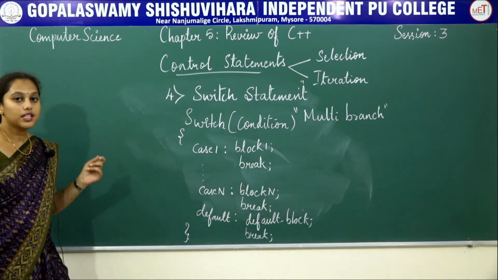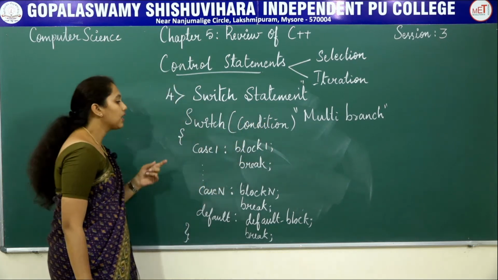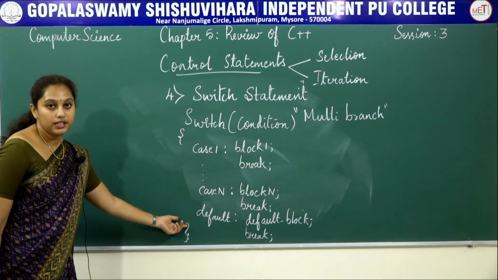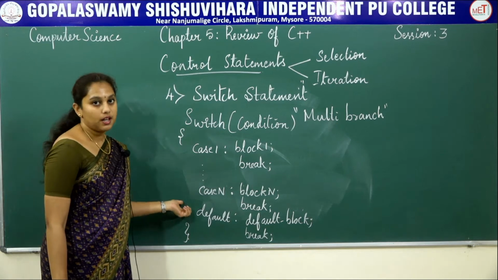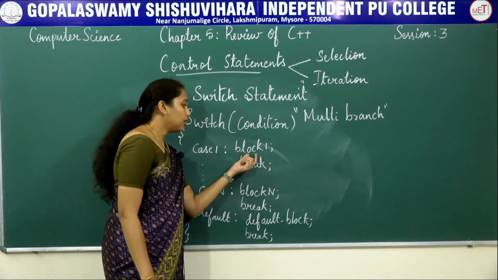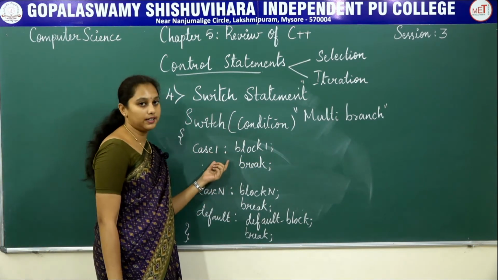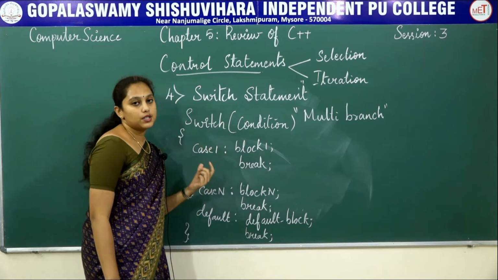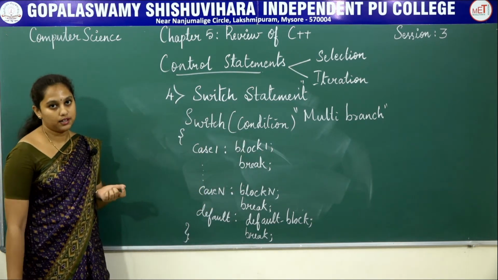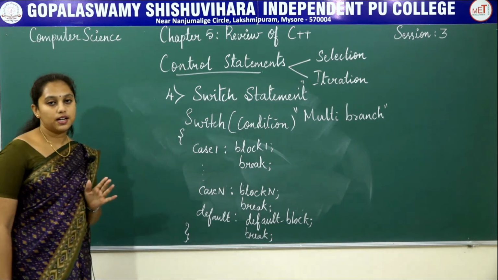Here the switch statement checks the condition or an expression against the list of integers or constants. If a match is found, the statements or the code associated with that case is going to get executed. So what is selection statement?